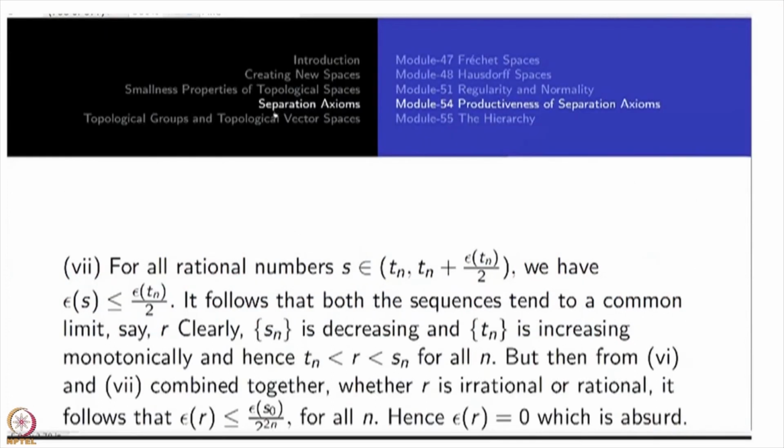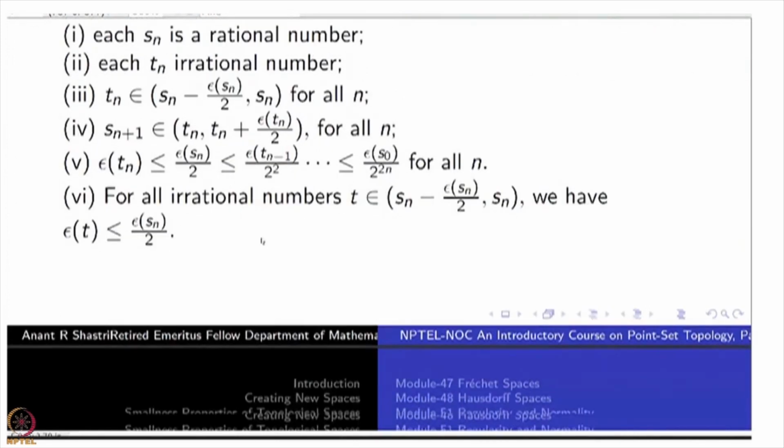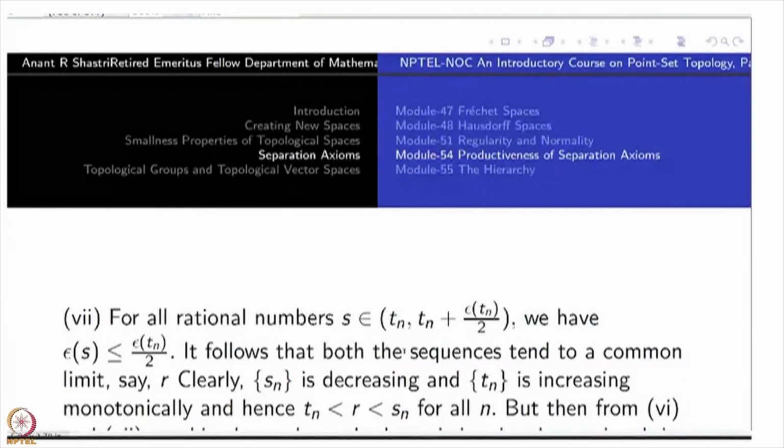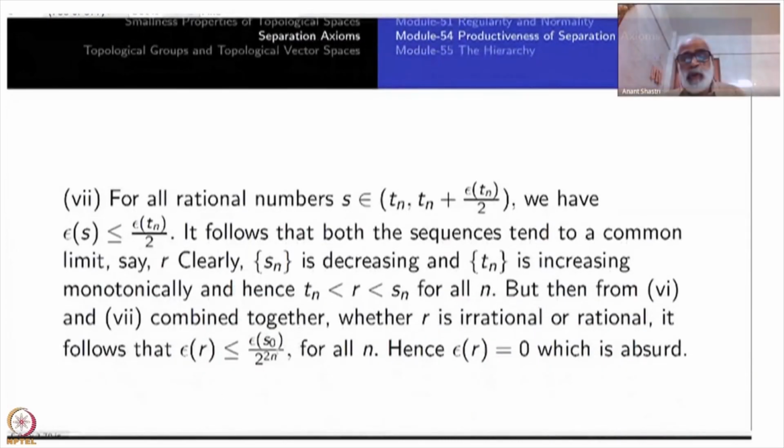So everything in between has to satisfy this one, because if it's a rational number, it will work; irrational number, the other one will work. So these are two statements here. Therefore, this is true for all n. This R is independent of n. So when you take the limit of this, it will show that epsilon R is 0.